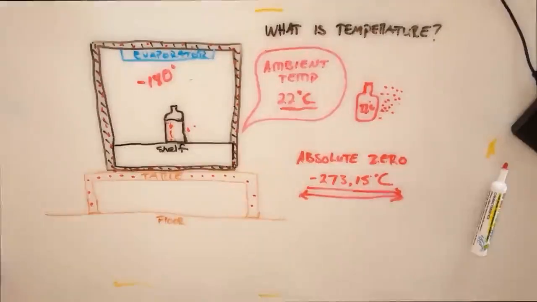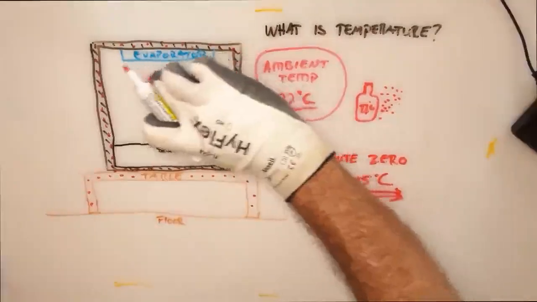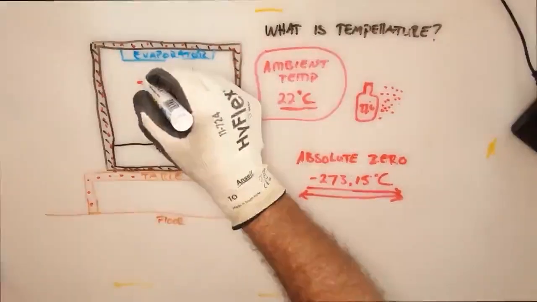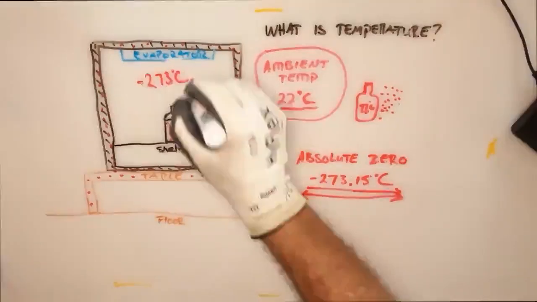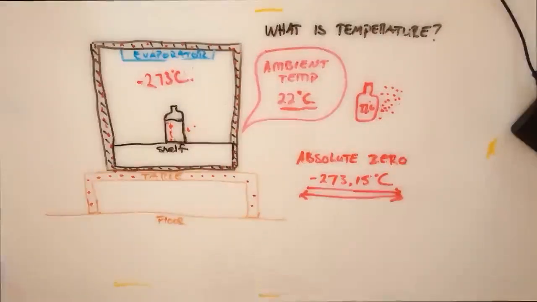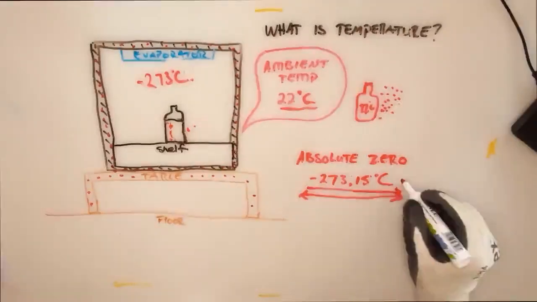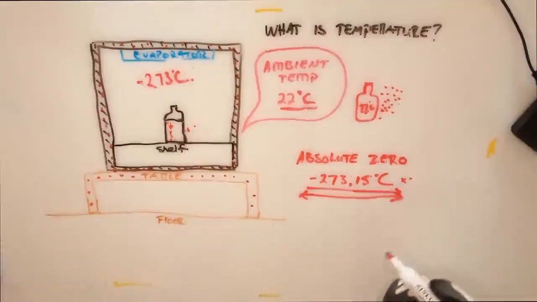Now to give an idea, let's take this fridge down to minus 273. For us to reach minus 273 degrees Celsius is almost impossible because of heat transfer.